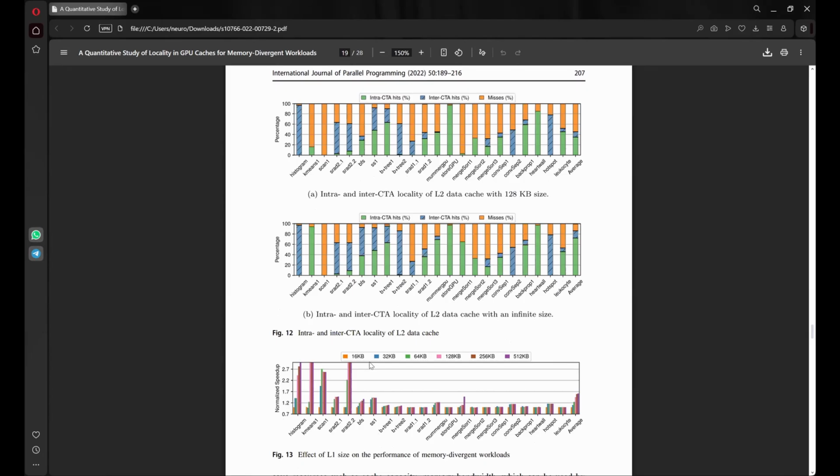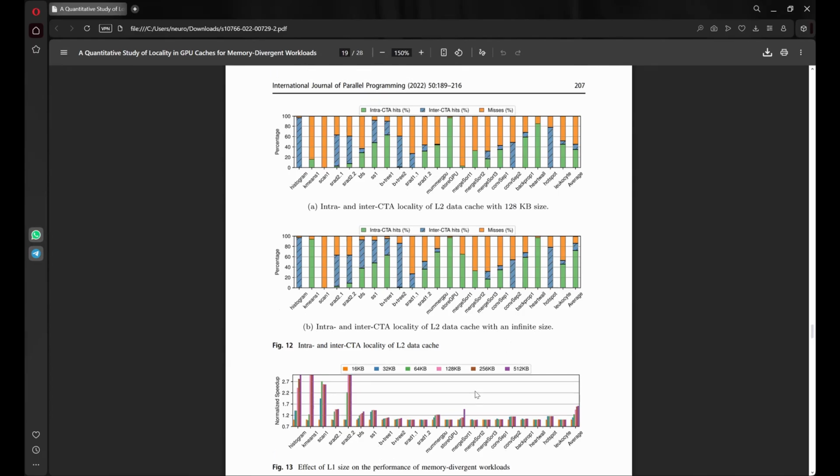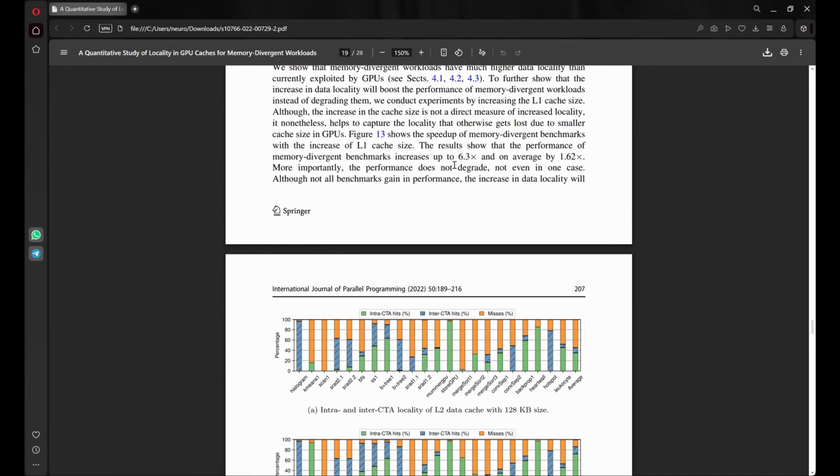For each of these kernels, if you were to increase cache size, how much more performance are you seeing? Figure 13 shows that the performance of the memory divergent benchmarks increases up to 6.3 times, and on average 1.62 times, with more cache size.